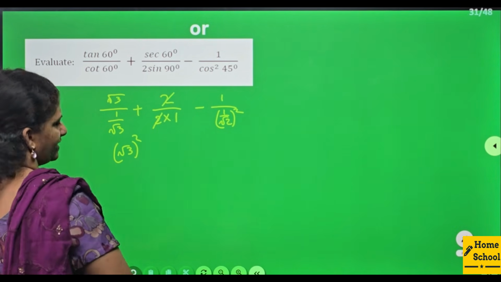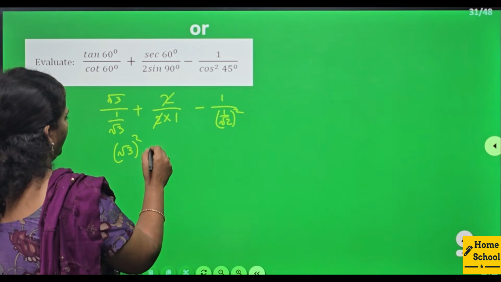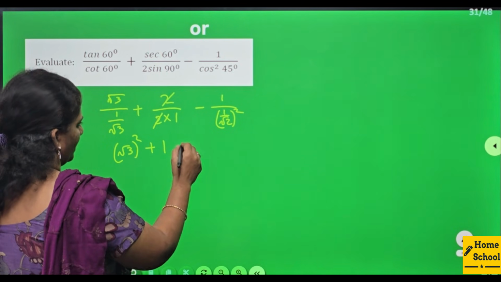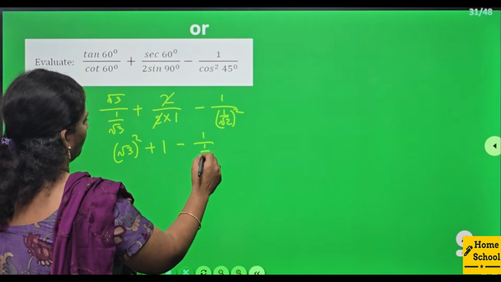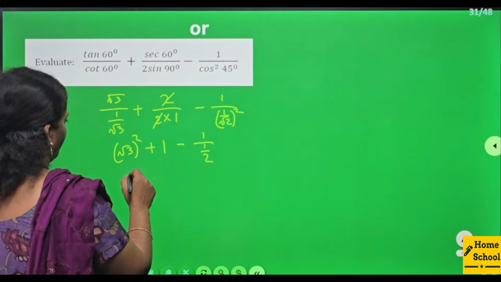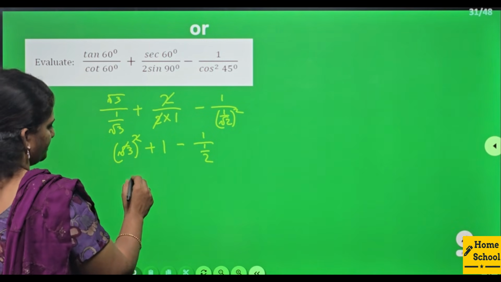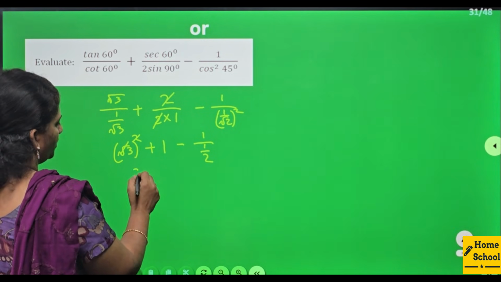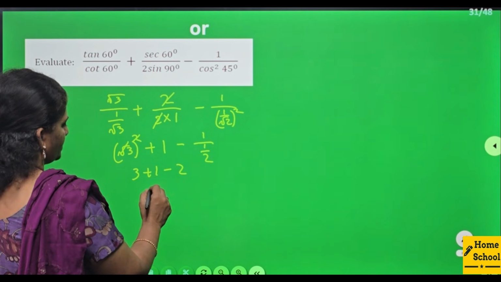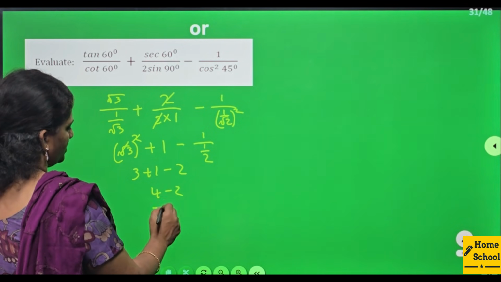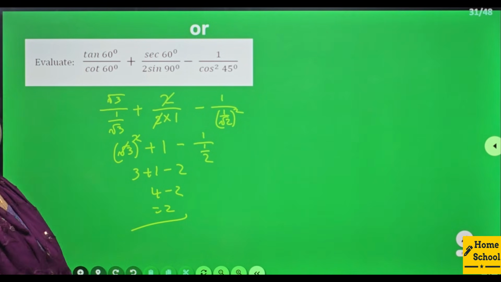This 2 cancel. 1 by 1 will be 1, minus 1 by root 2 whole square is 1 by 2. Bring this 2 up. Root 3 whole square cancel, root and square root. 3 plus 1 minus 2. 3 plus 1 is 4. 4 minus 2 is 2, which is your answer.